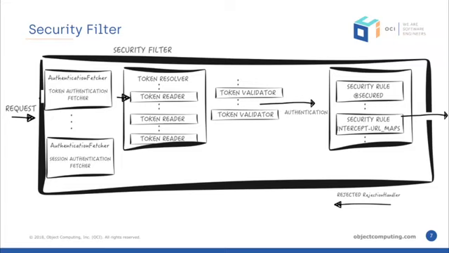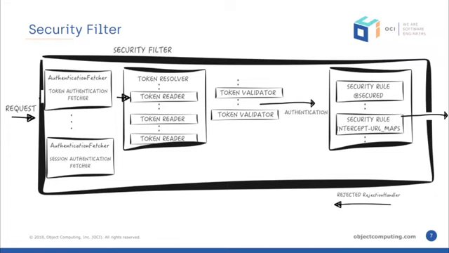By default, if you are using session, you will have a session authentication feature as well. If you are not using session, by default, you will have a token authentication feature. You can even add your own authentication feature. So these are beans, so you can always add another bean to the process.